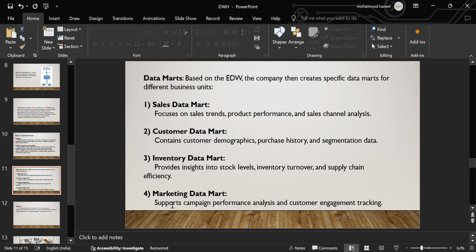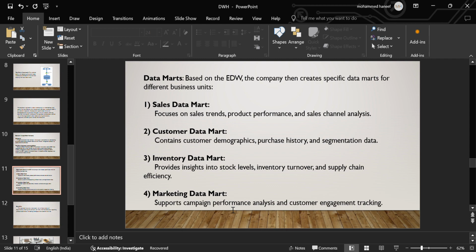And a marketing data mart supports campaign performance. You need to do marketing also, right? Which product has performed well and which product has not performed well. You need to take this kind of information, and after that you have to do marketing on those products as well.